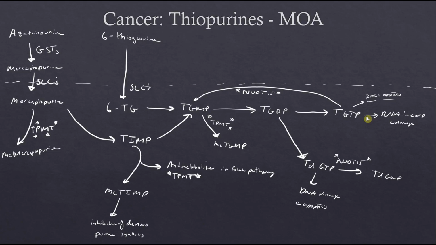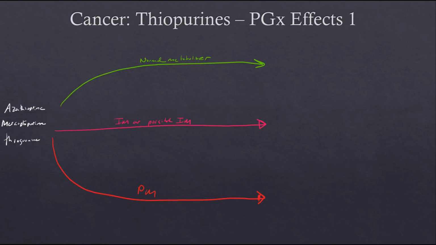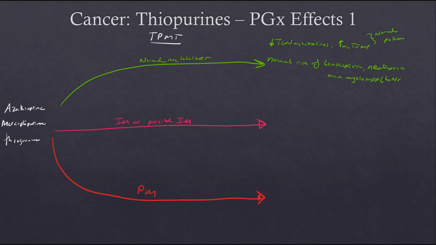specifically with TPMT. So if you're a normal metabolizer of TPMT with the thiopurines, the pharmacogenetic effect is a decrease in the TGN metabolites with an increase in the methylated TIMP form, and this is considered the normal pattern with thiopurine treatment.